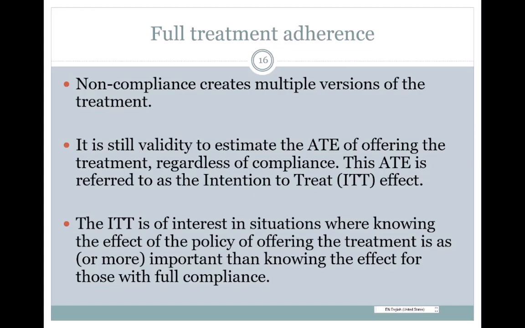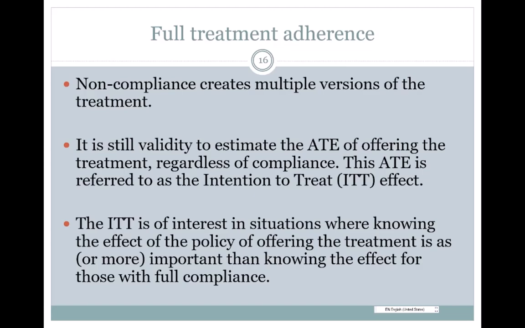It's very helpful, for example, in public policy. What's the effect of offering vouchers to students, regardless of whether they take the voucher? What is the effect of offering a vaccine to a population, regardless of how much compliance there is with the vaccination program? So it can be very important to estimate the ITT effect, but it is different.